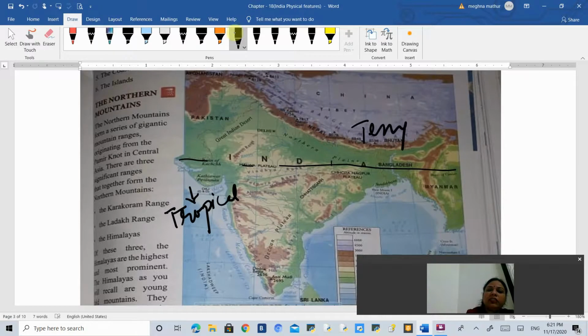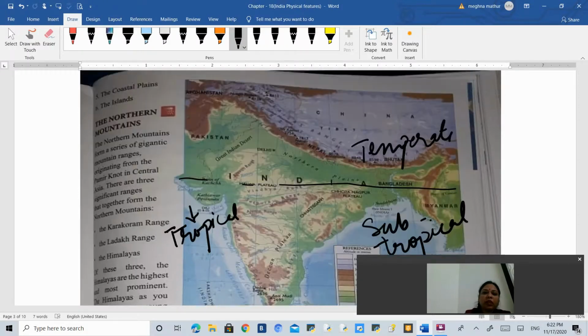You have read this in previous chapters also. So half of India is tropical in nature and half is temperate. That is why some people say India has a subtropical kind of climate.